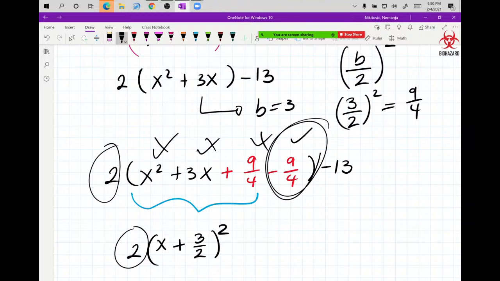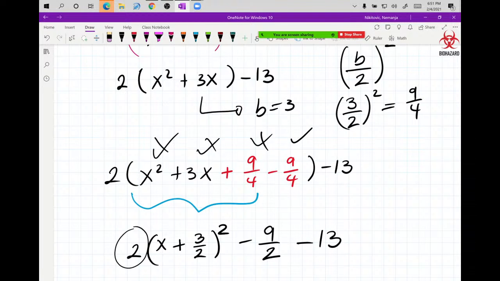You did not apply 2 to the 4th term yet, because this 4th term was not in the group with the first 3 terms, which got condensed into a square. So this one still needs to be multiplied by the 2 in front, which is why it becomes 9/2, and then you have minus 13.